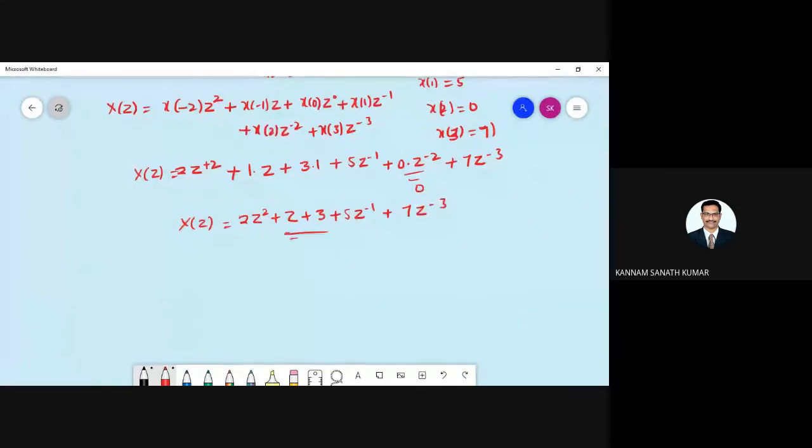This is the Z transform for the given sequence. Like this you have to find the Z transform of a given signal. Is it okay? Any doubts in this?